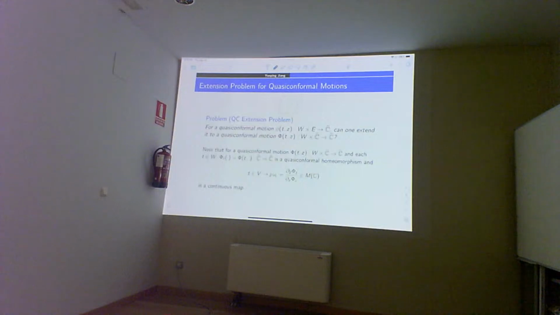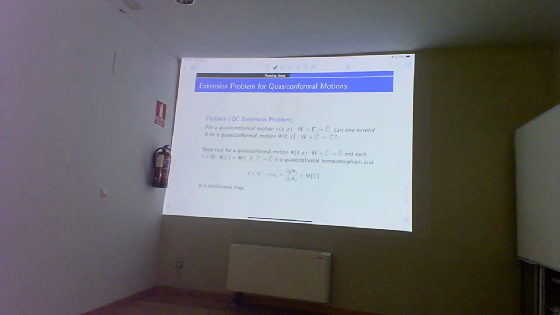The question is, for a quasi-conformal motion phi from W cross E to C, can one extend it to a quasi-conformal motion on the whole Riemann sphere, W cross C hat? In Mitra's talk, he will say this notation first appeared in his thesis.